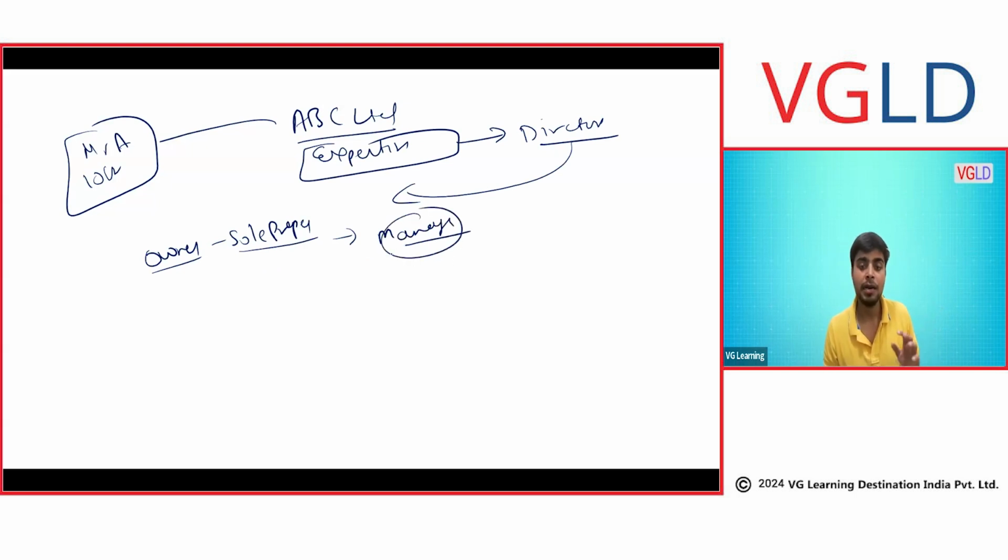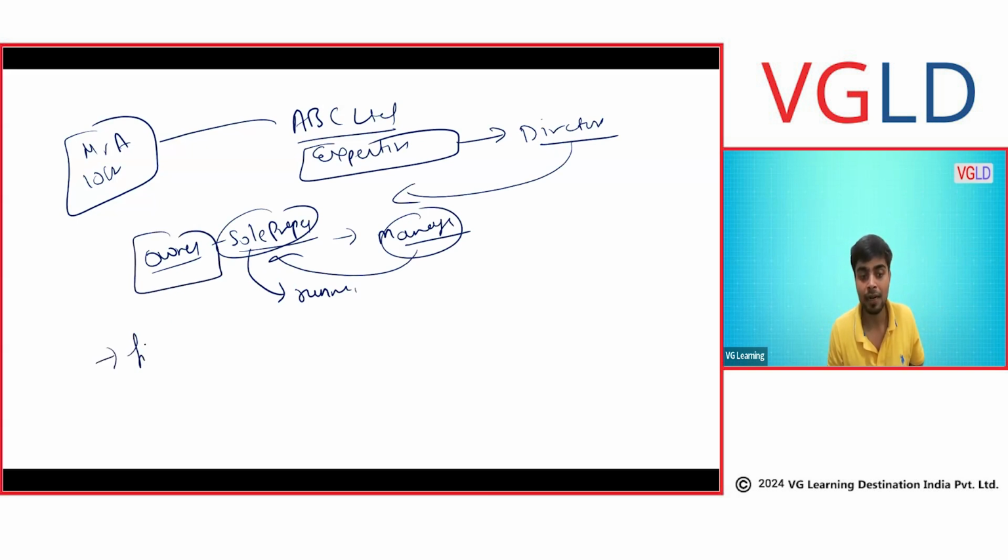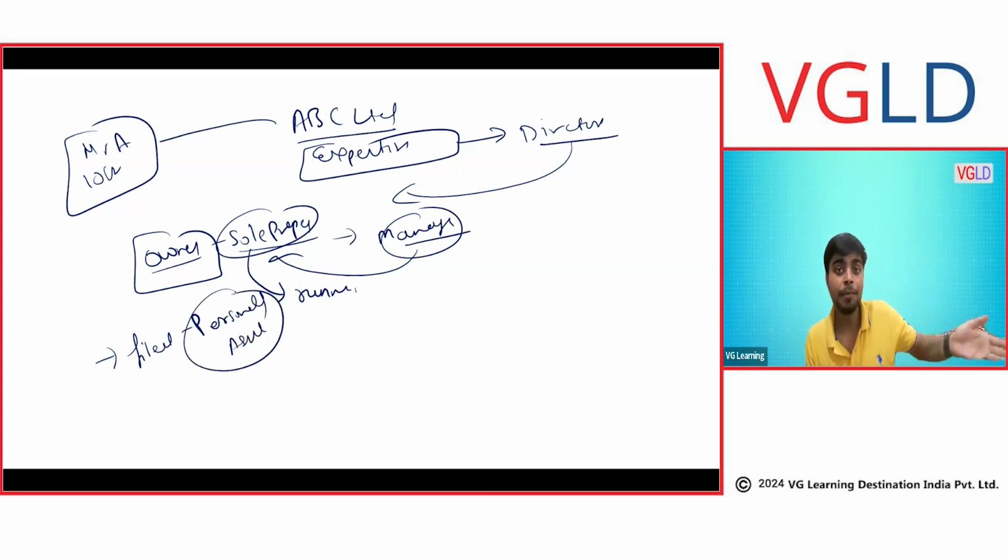But the question is that the manager is directly reporting to the sole proprietor, and the sole proprietor with him is also running the business. When, let's say, a case is filed against a sole proprietor, the sole proprietor is personally liable for his assets. His assets can be sold.